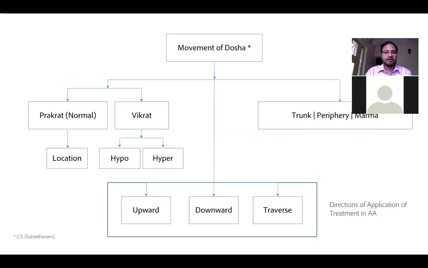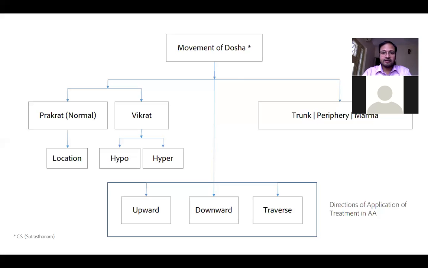So, for example, if someone has acidity, we know that it is in the region or abode of Pitta in the human body, that is the middle area of the human beings. So we reduce the effect of fire in the stomach, and gradually you see that the effects of acidity become less.